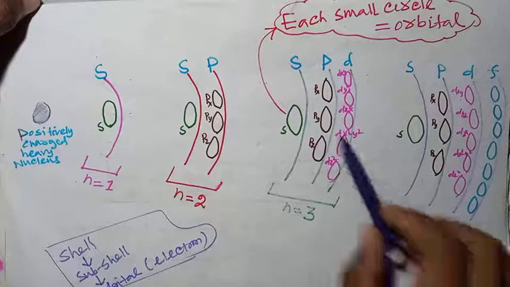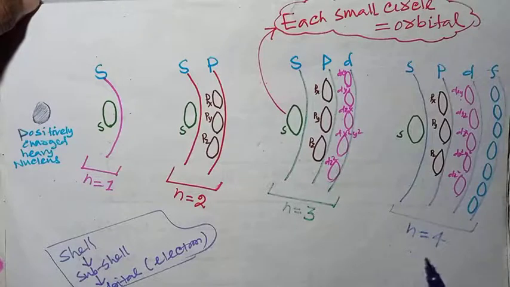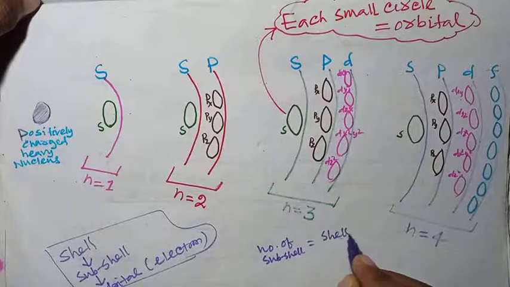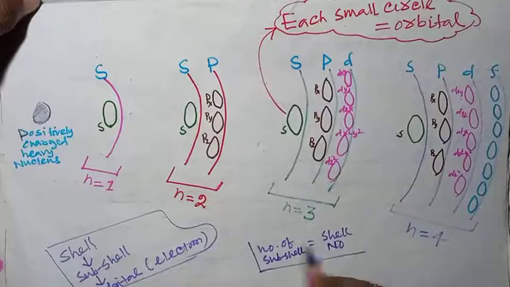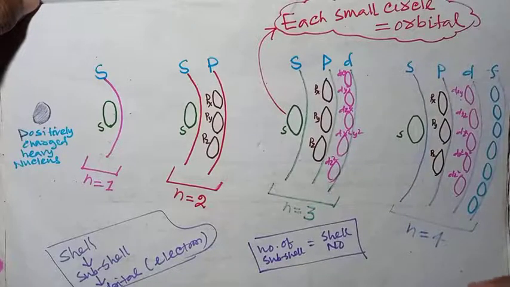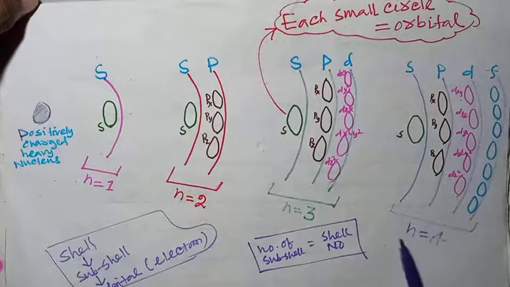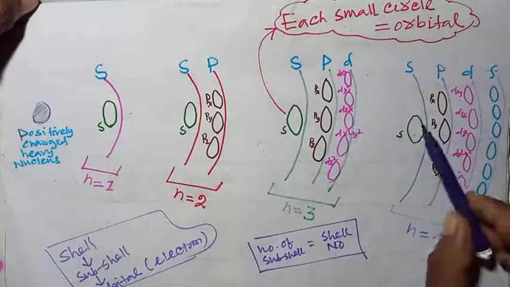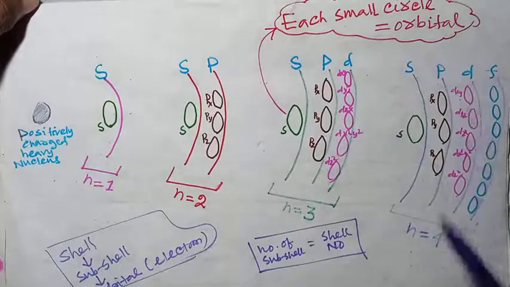So from this we can see that the number of subshells equals the shell number. Shell number 4 contains 4 subshells: S, P, D and F, and these are the orbitals.